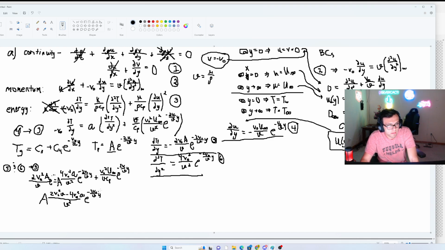And this is going to cancel out because this also has this value, because it's equal to that right there. So the E's are going to cancel out. One of the viscosities is going to cancel out because this also has viscosity.